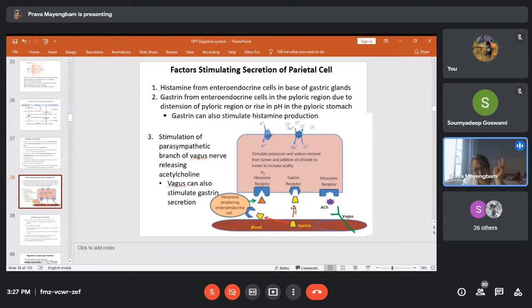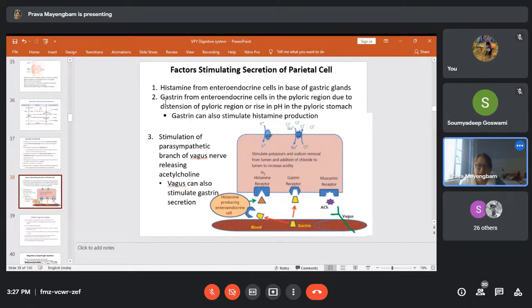So there are mainly three factors, and they are correlated to one another. I will just read all these lines. If anything was missed while explaining, you can catch up with that. The first factor stimulating secretion of the parietal cell is the release of histamine from enteroendocrine cells in the base of the gastric glands.